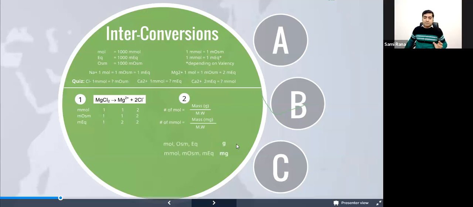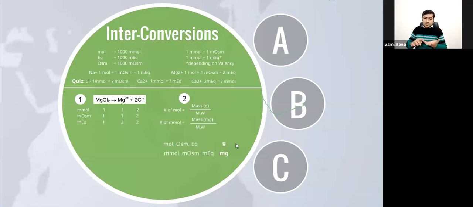So when we are playing with moles, osmoles, and equivalents, we will be playing with grams. If there is one thing in a different unit in our question, you need to adjust it. For example, there are 3 things in mole and one thing given in milligram. You change milligram to gram, right?